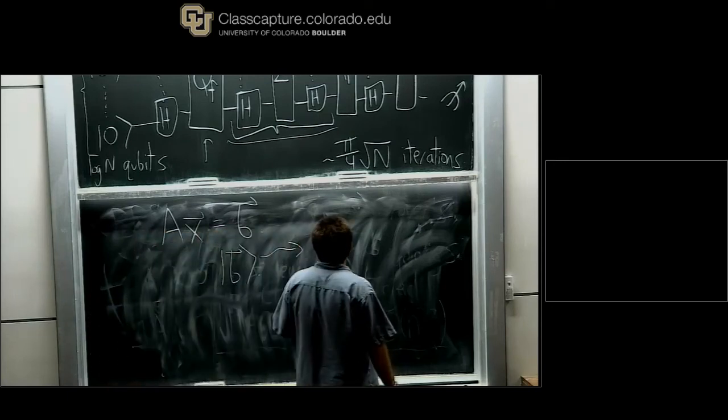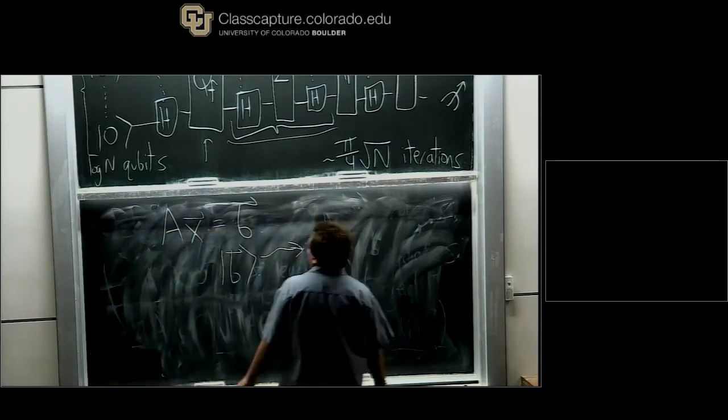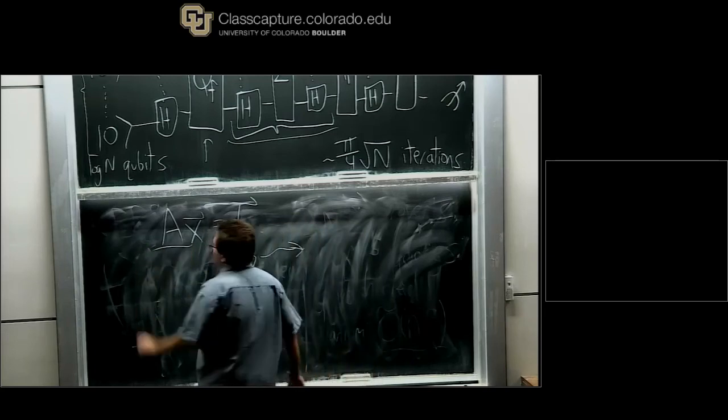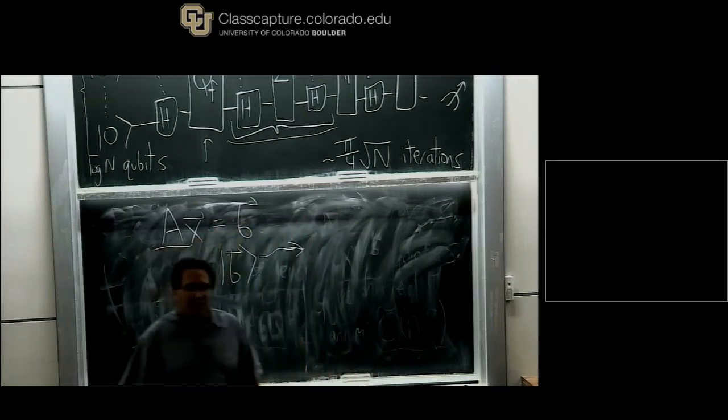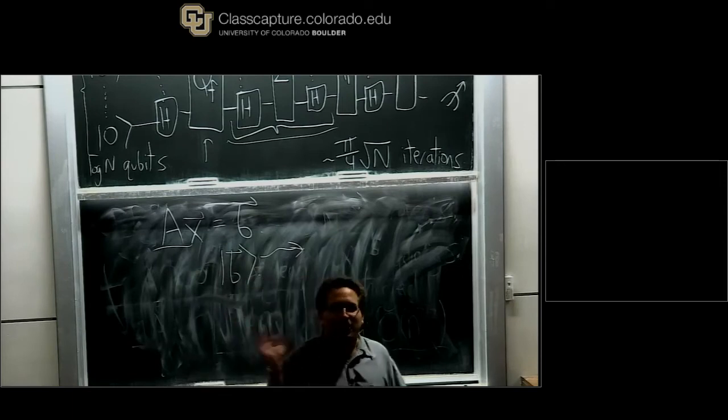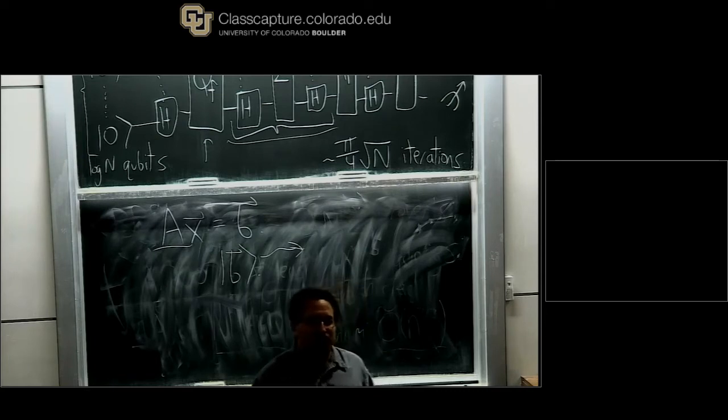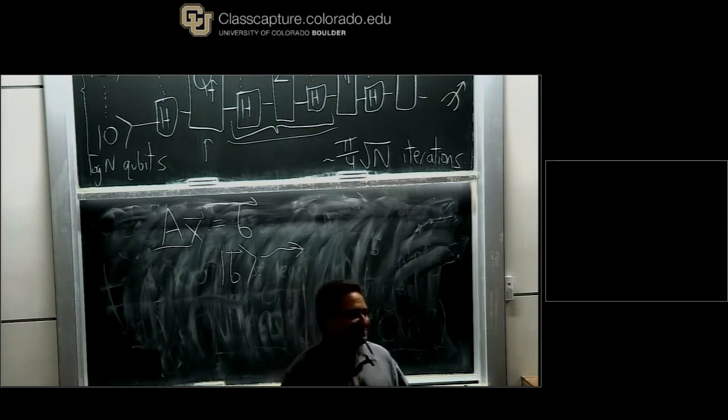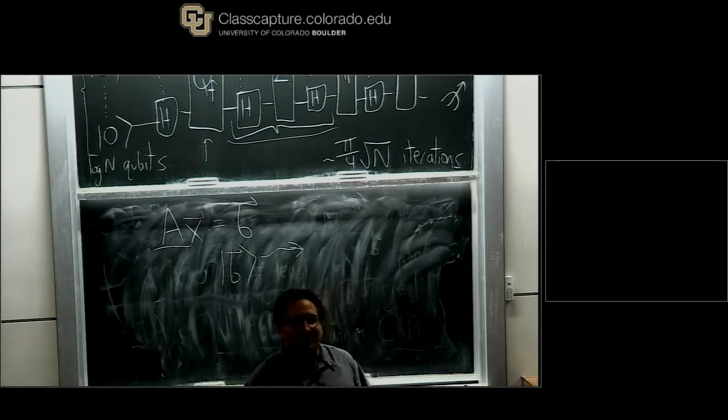Because for the algorithm to work, we need some assumptions on the matrix A. In particular, A has to be well conditioned. We won't worry too much about that. That's reasonable. But also you have to be able to efficiently apply a Hamiltonian corresponding to A. Right? And then, okay, that puts a lot of further constraints.